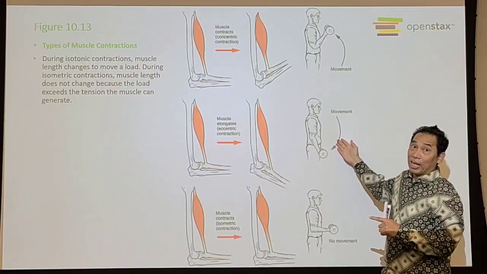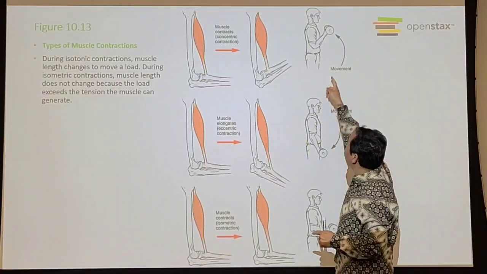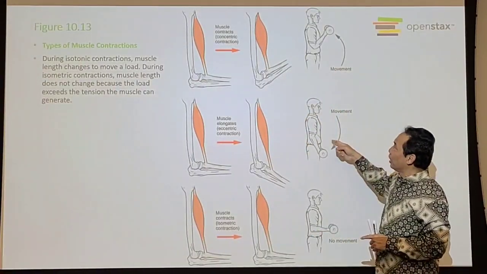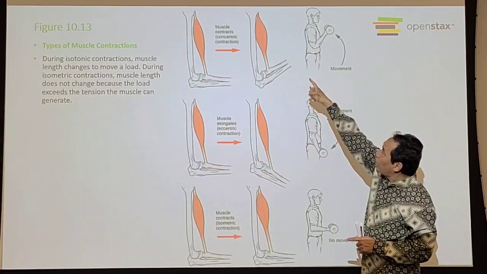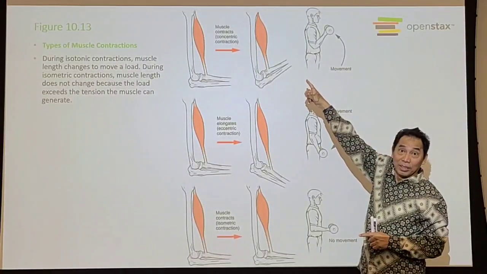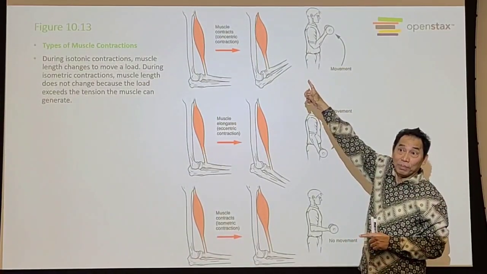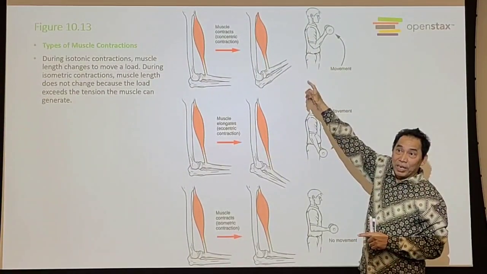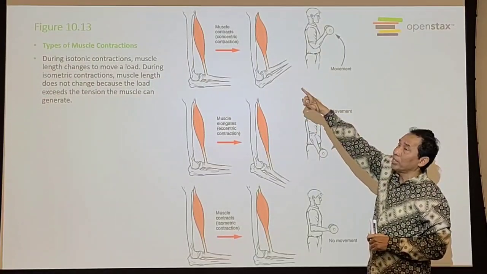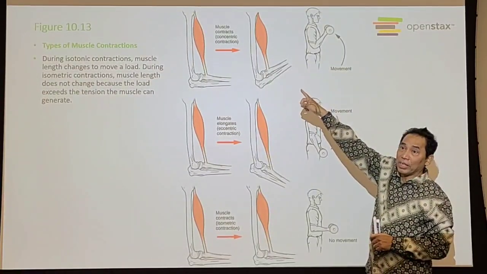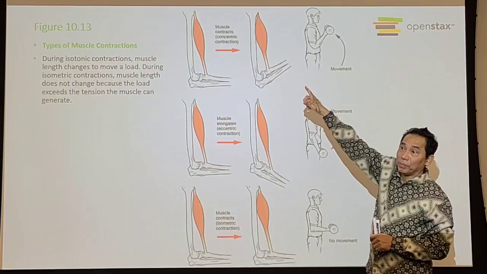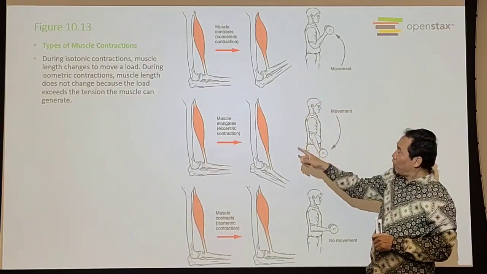Are you with me? Now, look at this. What is the difference between this isotonic and this isotonic? Look at the muscle over there. The muscle is actually shorter, but still moves the object. If they're doing like that, it's called the concentric isotonic contraction. Now look over there.